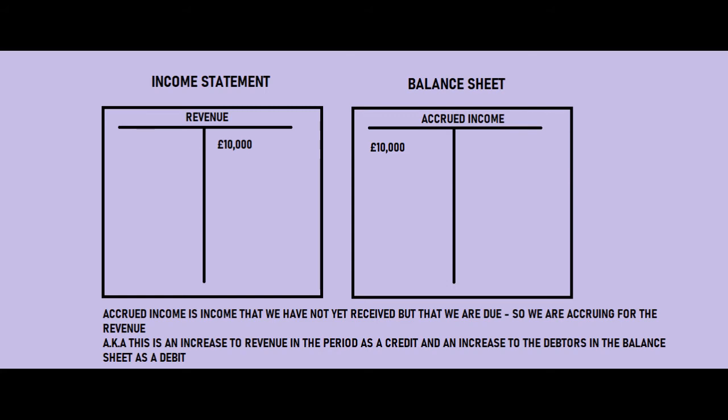So again, slow it down. We're going to debit accrued income, in other words a debtor on the balance sheet, so we increase our debtors, and we credit revenue. So we increase the revenue in the year, and therefore the impact on the profit and loss account is that we've increased the profit in the period.